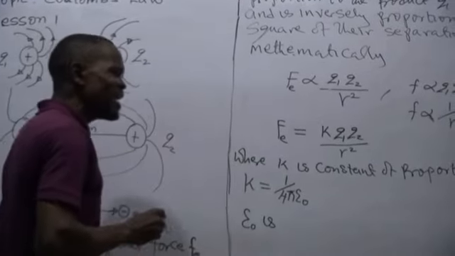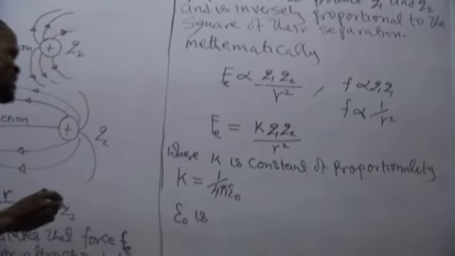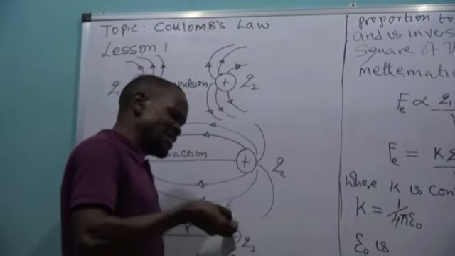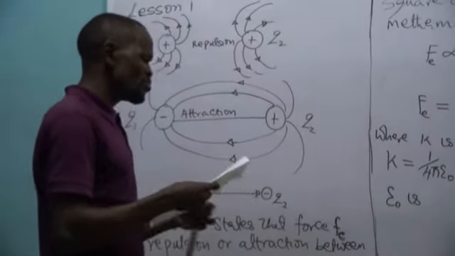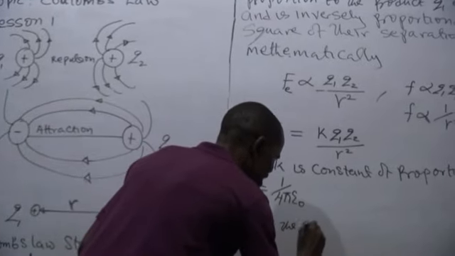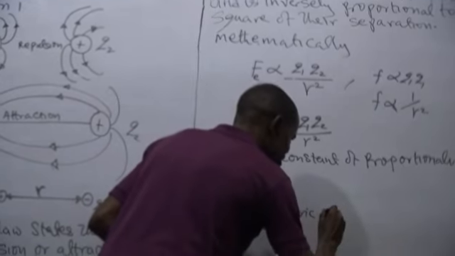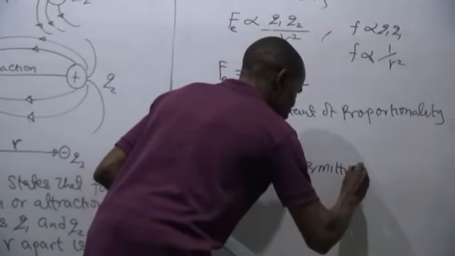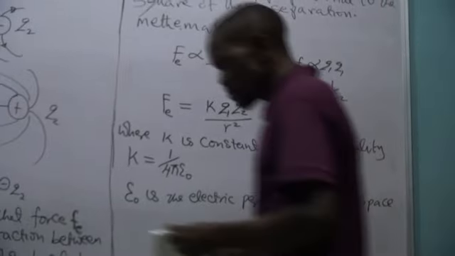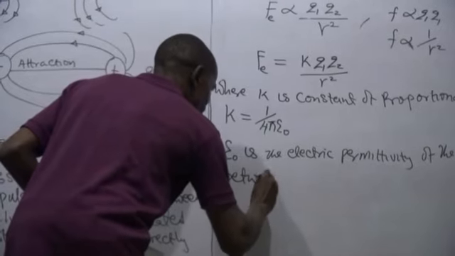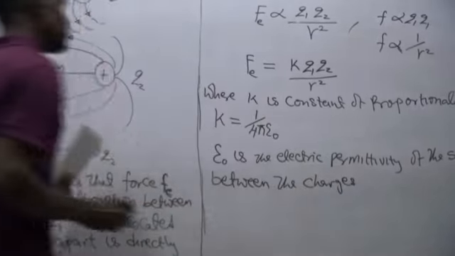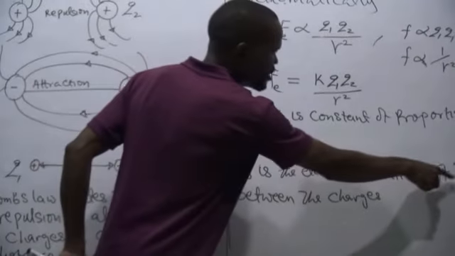is the electric permittivity of the space between the two charges.